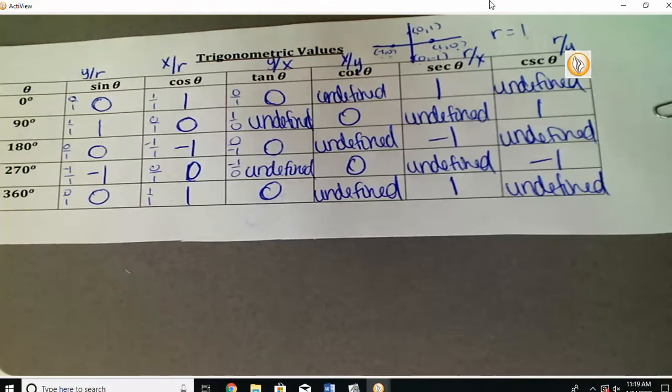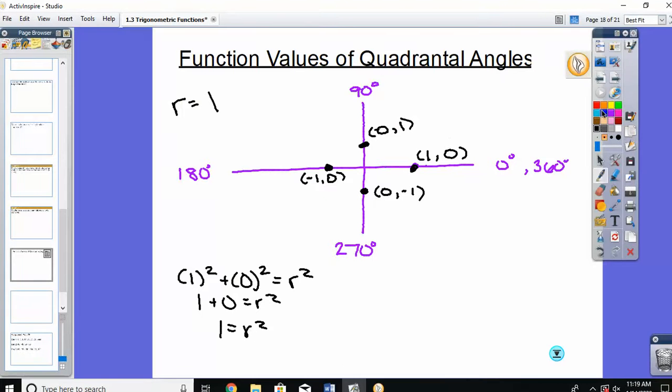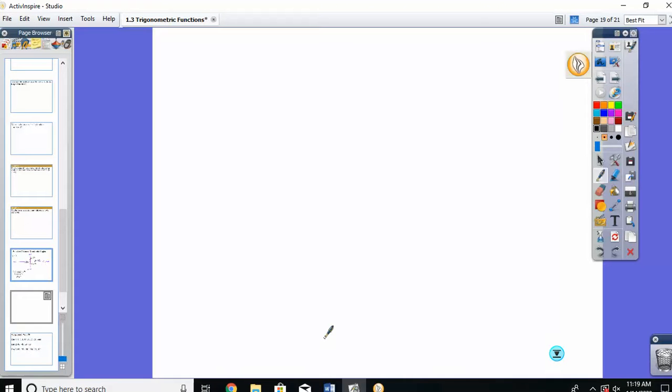So, let's look at an example. If I asked you to find the sine of 1,260 degrees.